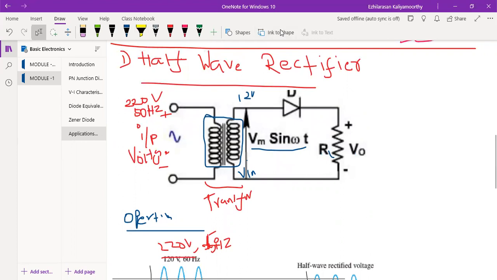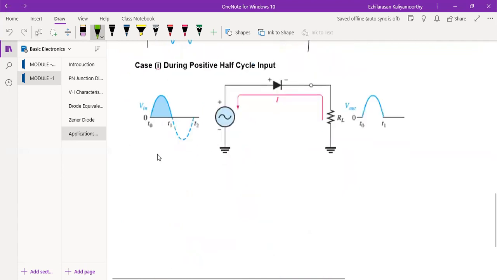The input is like this. During the positive cycle, the input is Vm, or I can say Vin, anything you can say.